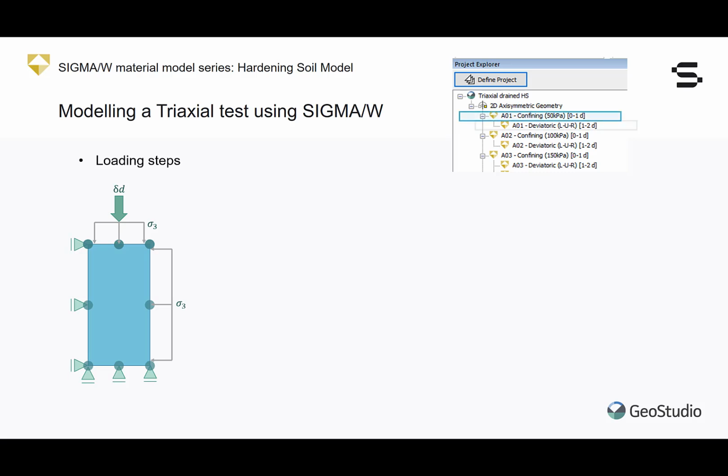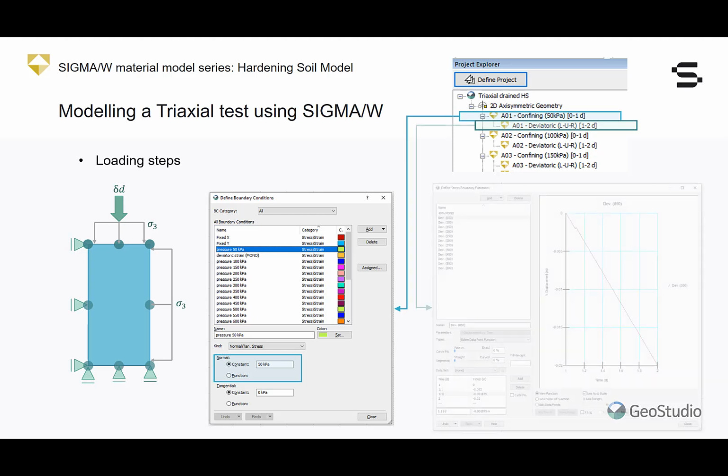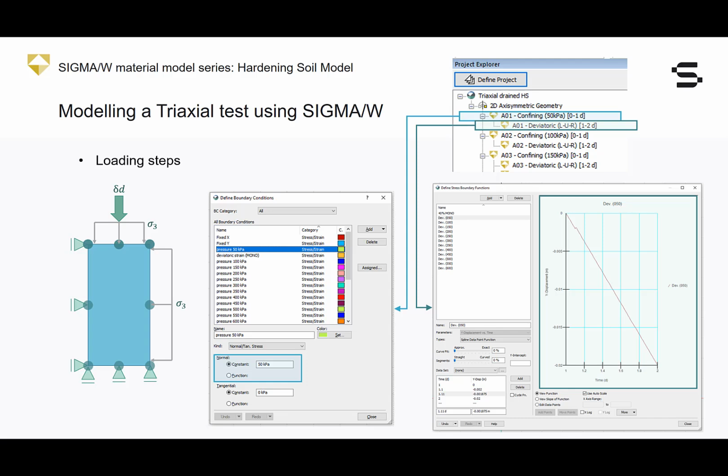displacement controlled deviatoric phase. In test A1, as an example, a constant normal stress of 50 kPa is applied on both the right and top sides of the model using a normal tangential stress boundary condition. And in the deviatoric phase of this test, a displacement of 2 centimeters, that is equivalent to 40% strain, is applied on the top side of the model.